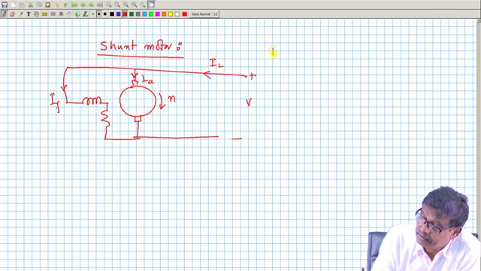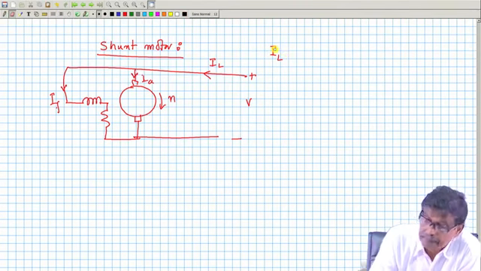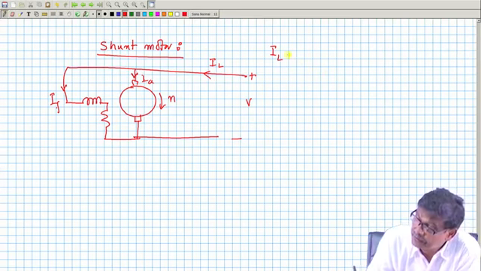So, IL line current is equal to IA plus IF.